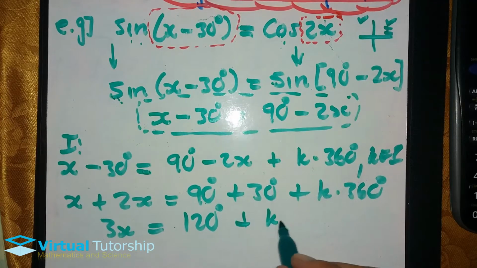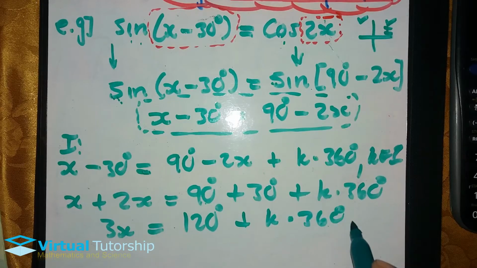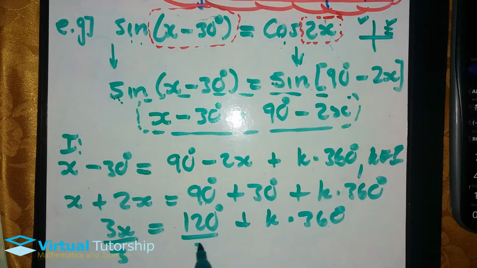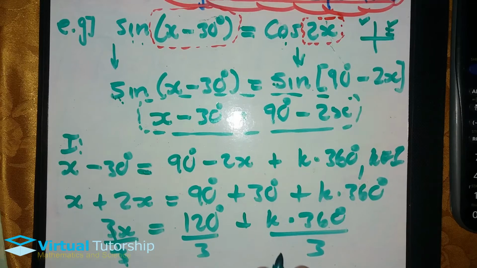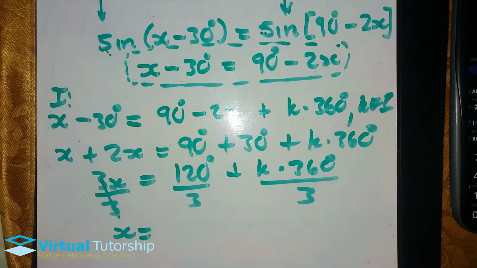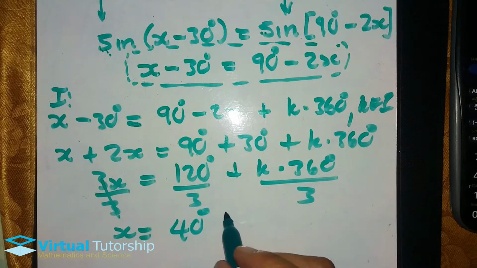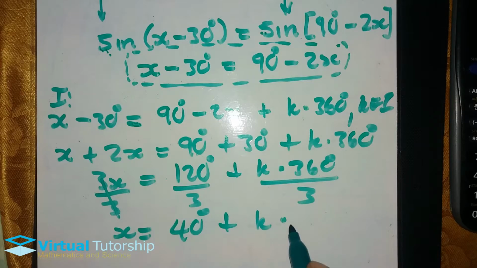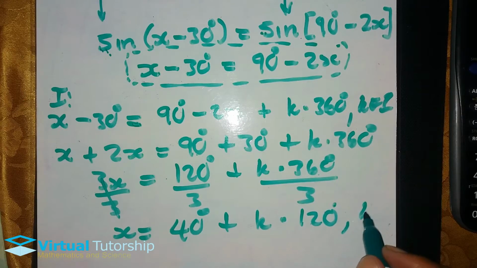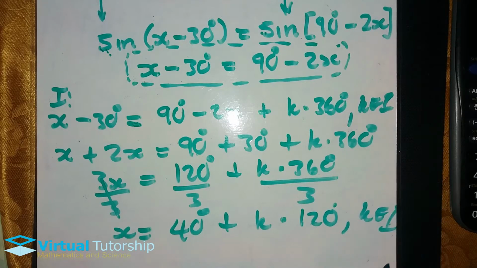Yes, plus k times 360 degrees. Divide by 3 on every term. So x is equal to 120 divided by 3. Isn't it 30? No, it's 40 degrees plus k times 360 divided by 3, which is 120k, k an element of integers.